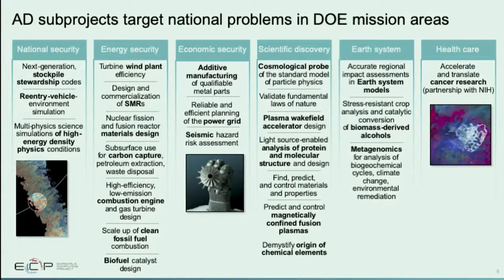So this is our portfolio, and I don't expect you to read all this. The real thing I want you to take away is that we tried, the Exascale Computing Project really tried to capture a representative snapshot of the Department of Energy's diverse workload. So these are all important applications for the Department of Energy, and they span medical research, wind energy, nuclear energy, basic fundamental scientific discovery, as well as national security applications.